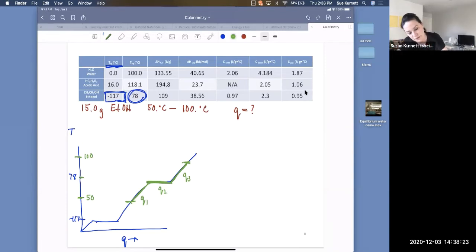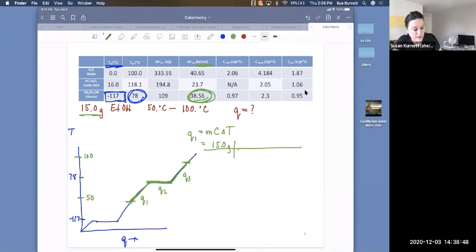Okay, so delta H for vaporization is here, and it's in units of kilojoules per mole, but I'm starting with grams, so I'm going to have to do some changes there. Okay, so I'm going to start out with my Q1 equals MC delta T. And my mass is 15 grams.